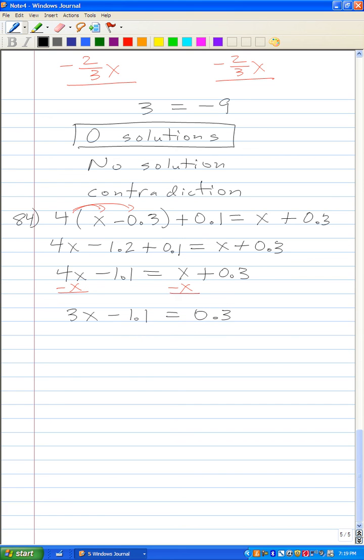Let me add 1.1 to both sides of my equation. So I get 3x is equal to 1.4. Let me divide both sides of my equation by 3.